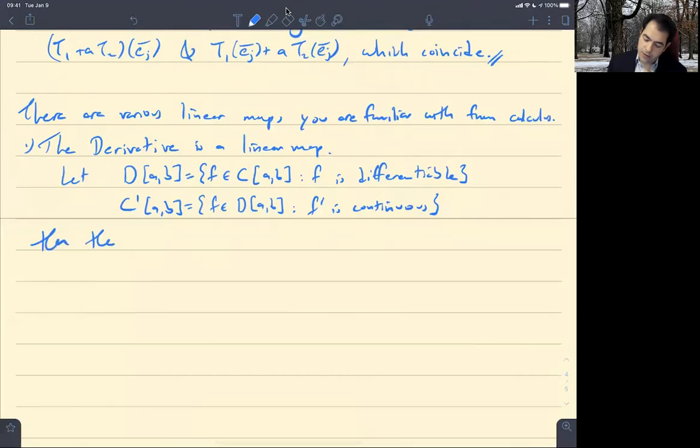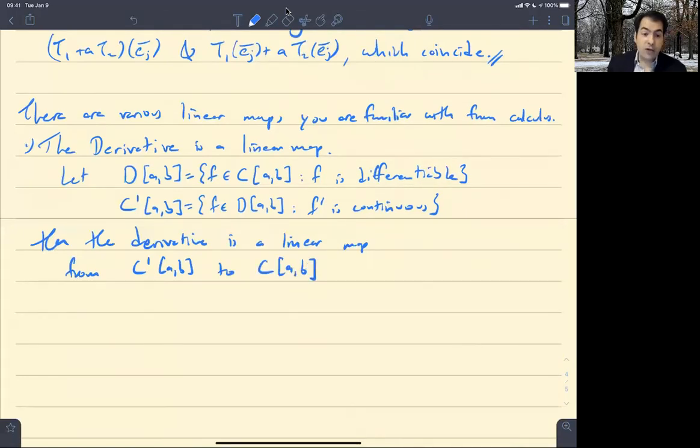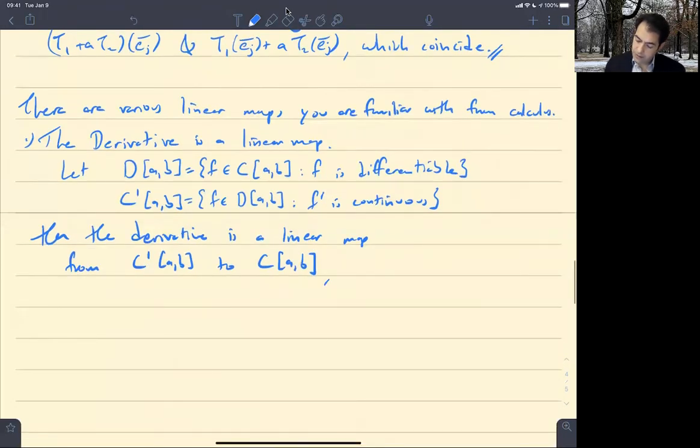Then the derivative is a linear map from C1 of AB to C of AB. Remember, C of AB are those functions defined between A and B that are continuous, real valued functions. So what we're saying is D is a map from C1 of AB to C of AB, and it's a linear map.